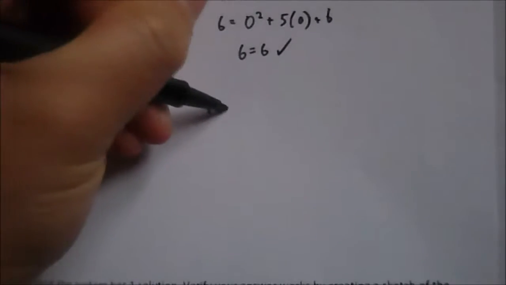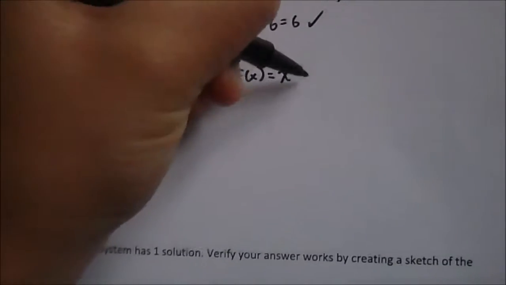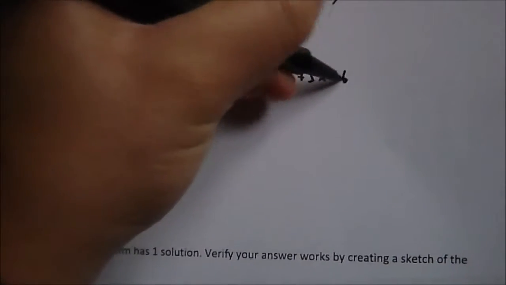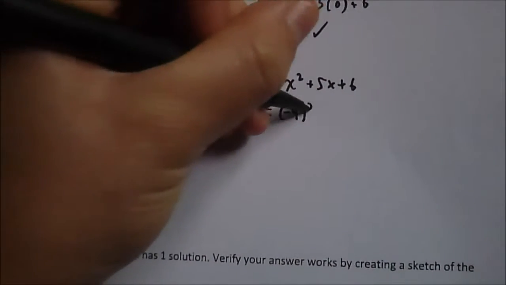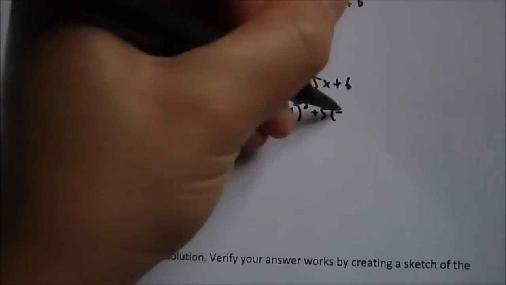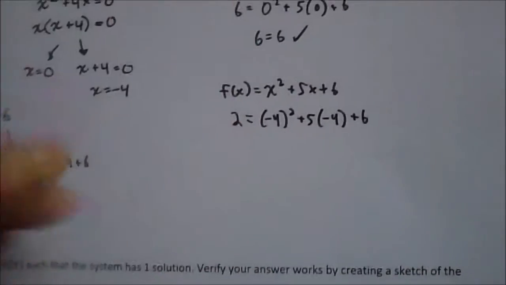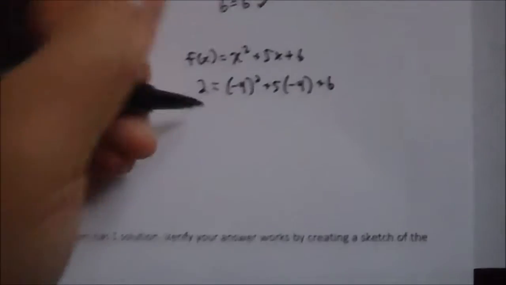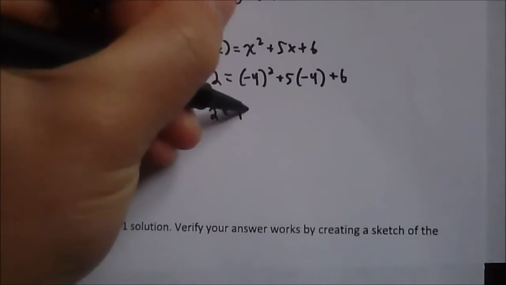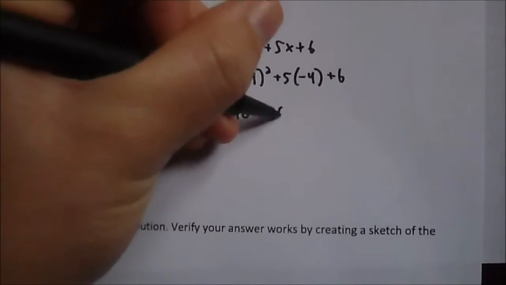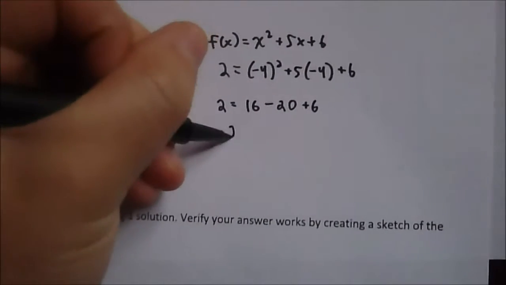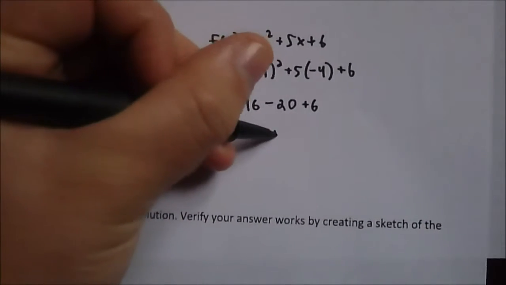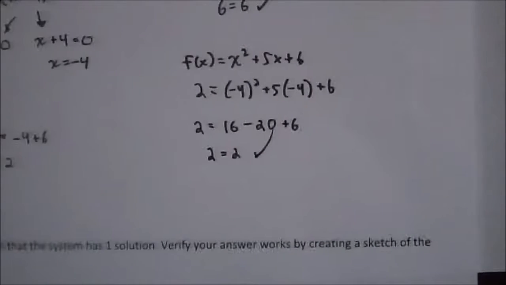So f of x equals x squared plus 5x plus 6. We substitute in 2 equals negative 4 squared plus 5 times negative 4 plus 6. We end up with 2 equals 16 minus 20 plus 6. 2 equals 2. And this checks out as well.